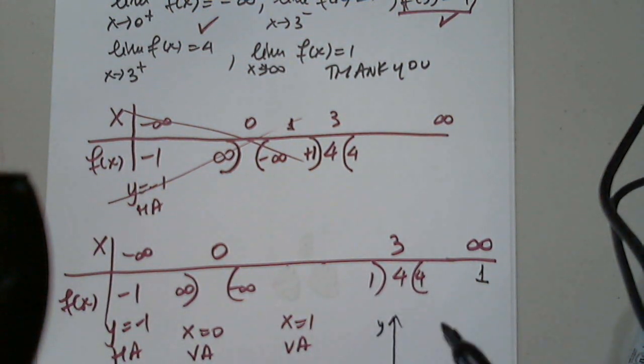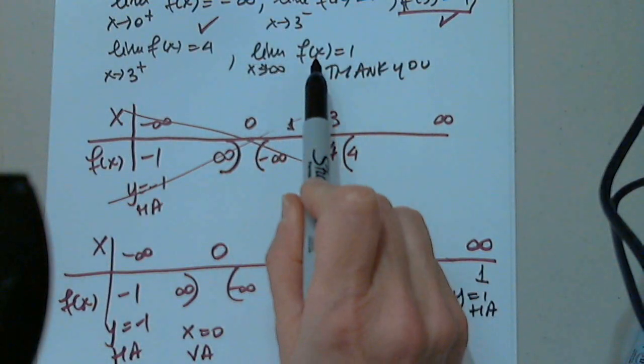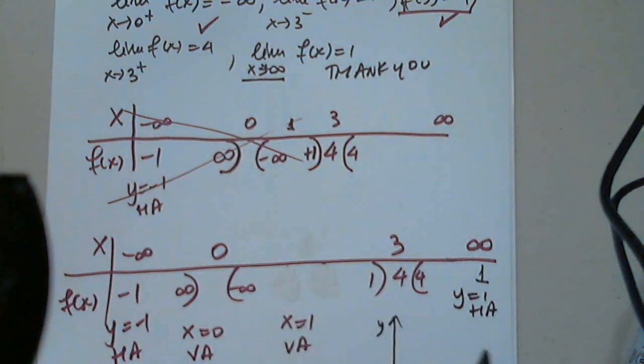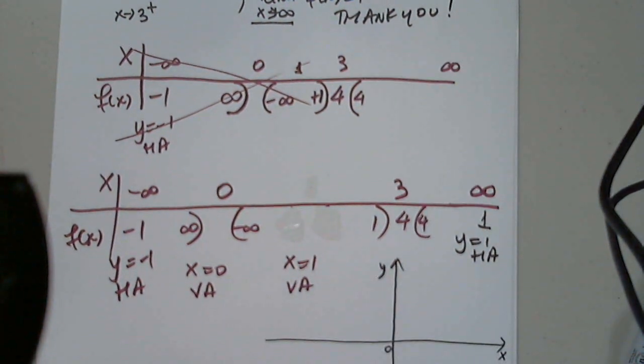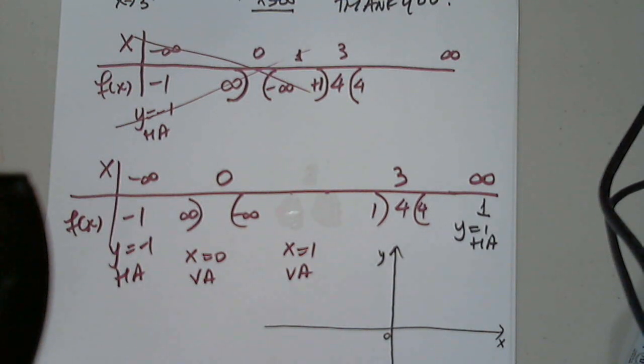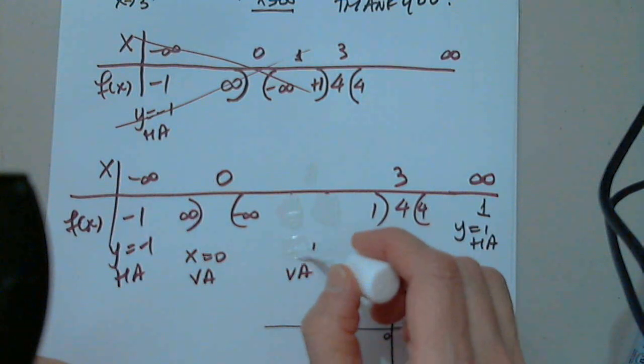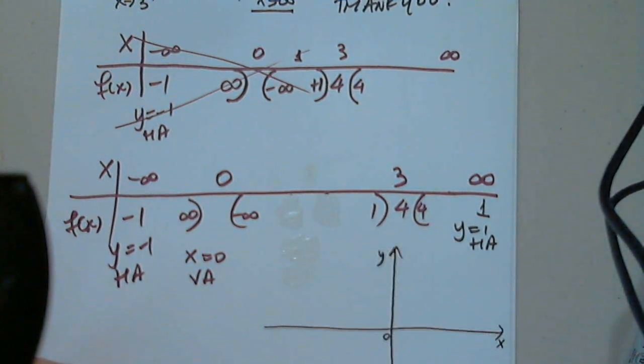Absolutely, y equals 1 is a horizontal asymptote. So the limit of f of x is 1 when x approaches infinity. My apologies. Absolutely, yes. So rushing is never good. Okay.